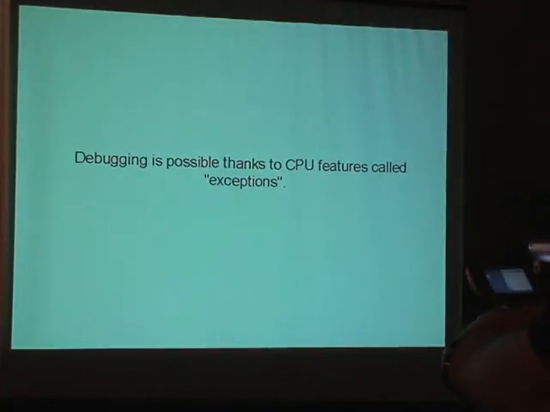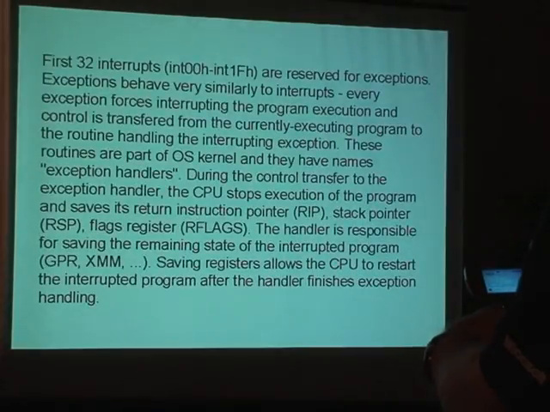Well, debugging is possible thanks to OS and CPU features called exceptions. What does it mean, exceptions? An exception is something similar to an interrupt. The first 32 interrupts are reserved for exceptions.